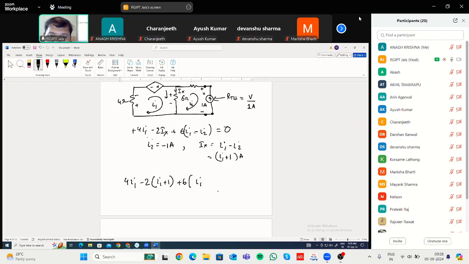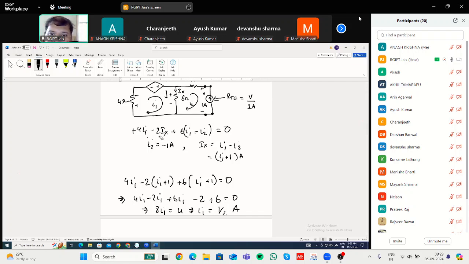This minus and this minus will give a plus sign, and it will be equal to 0. So 4I1 minus 2I1 minus 2, plus 6I1 plus 6 is equal to 0. So this is 8I1 plus 4 equals 0, so I1 will be equal to minus half ampere. So I1 is minus half ampere.